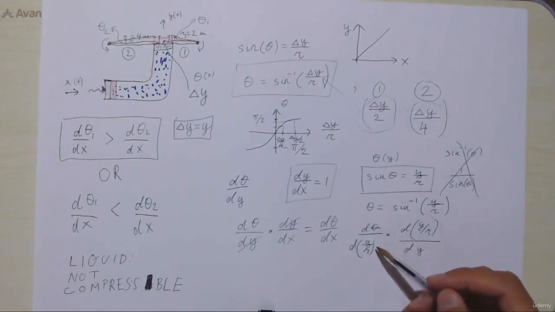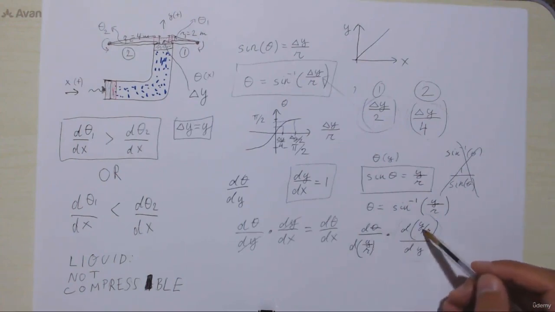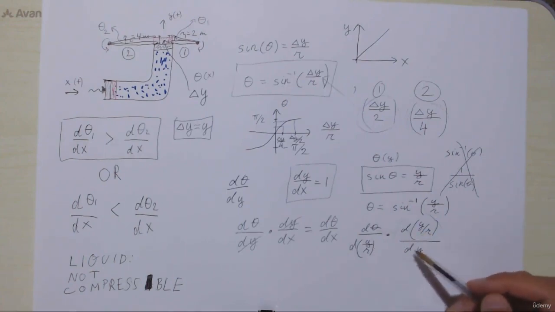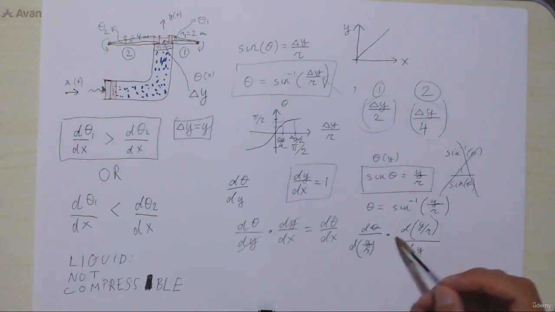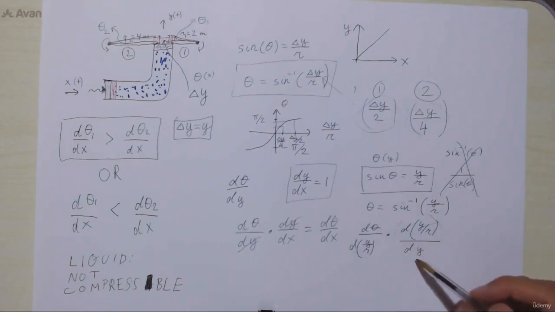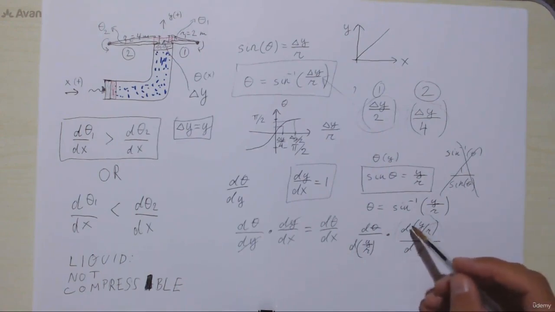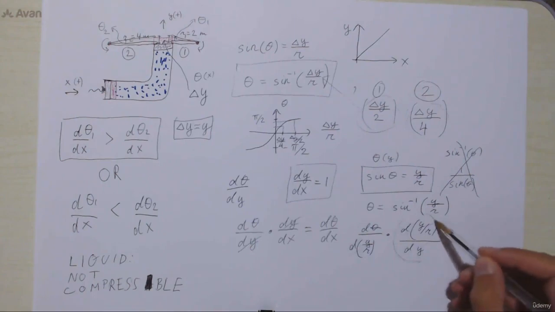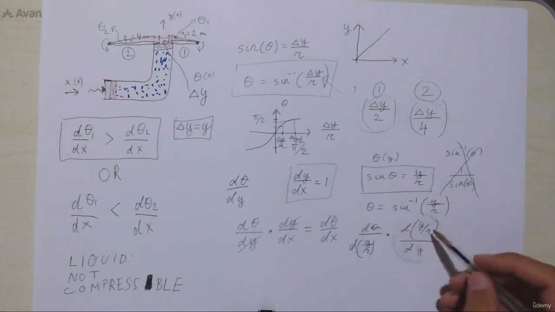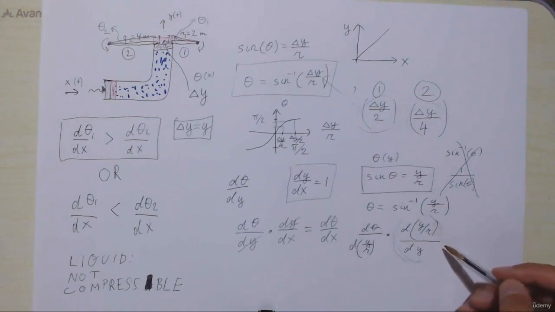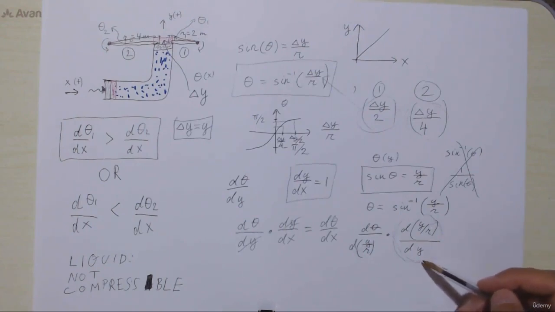D theta with respect to some kind of variable, and then that variable with respect to another variable, and then I could cancel out these two things and I would have d theta dy. But in order to do that, I need to find some kind of relationship where this ratio y over r, I need to find out how this ratio changes with respect to y.